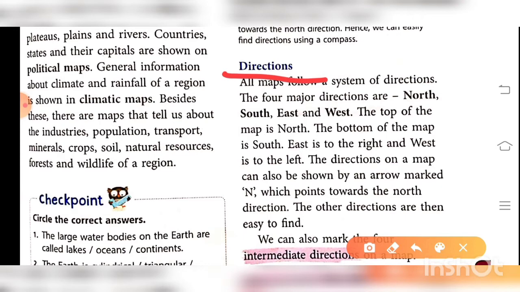The other directions are then easy to find. So students, there are four major directions: north, south, east and west. The top of the map is north and the bottom of the map is south, and the right side of your hand is east and the left side of your hand is west.